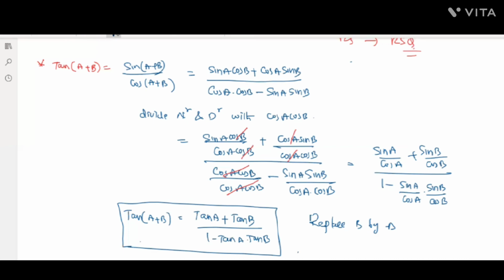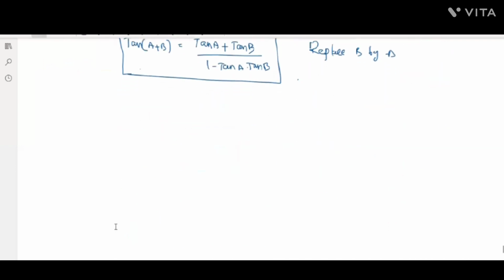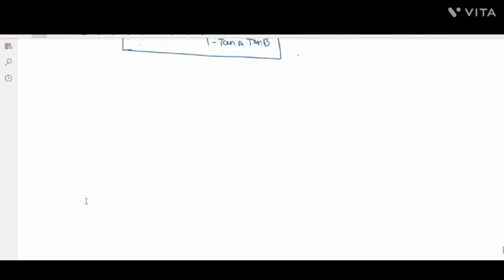So we saw the compound angles formulas with proofs. Now let's see how to solve questions based on this.